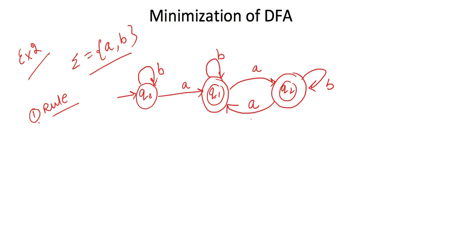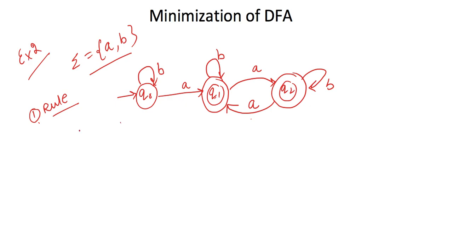So just remove it all. Now this is the actual DFA which we have to minimize. Now you have to draw the state transition table. How do we draw it?